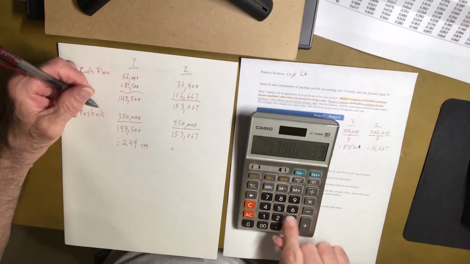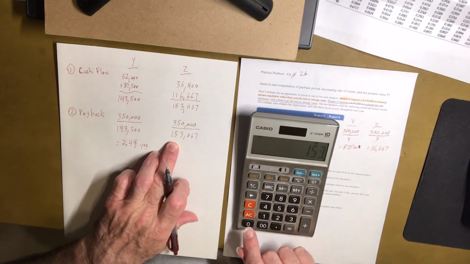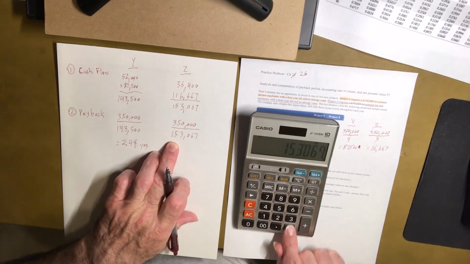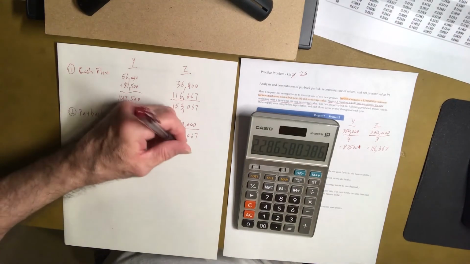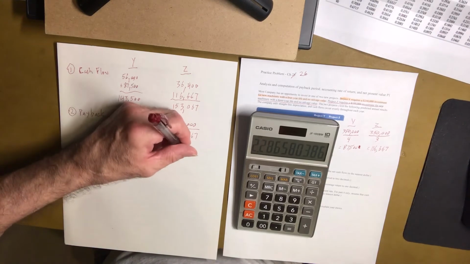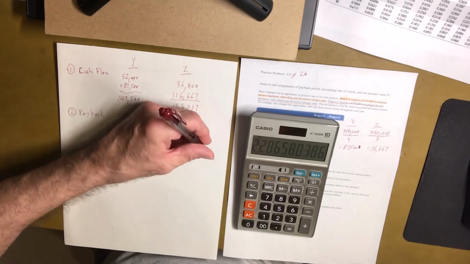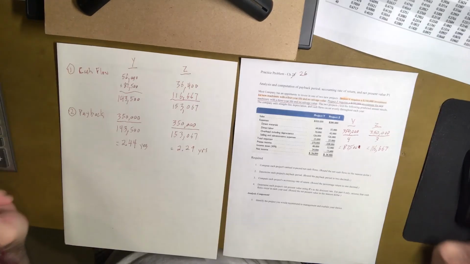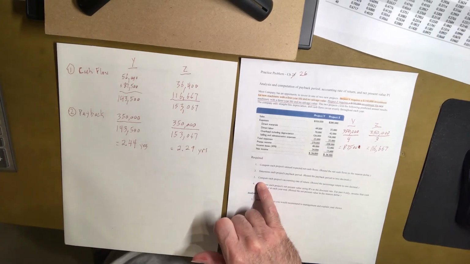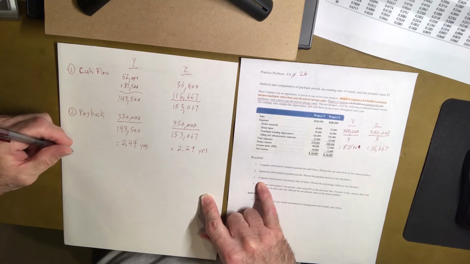And this one, 350,000 divided by 153,067, and I get 2.286, or I'm going to round it up to 2.29 years. Okay? All right, very good. Next on the agenda, number 3. I need to calculate the accounting rate of return for each project.